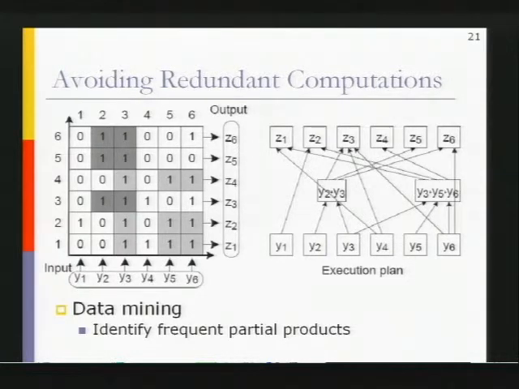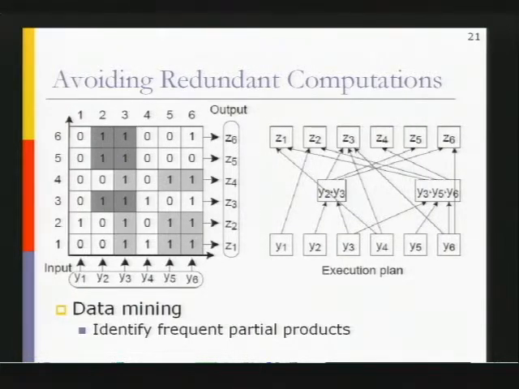First, we have here a sample data matrix. We have seen earlier that we are only interested in those elements which have 1 values, right? So, for Z1, for instance, we will multiply Y3 with Y4, Y5, and Y6. This will be the result, correct? Z2 will be Y1 times Y3 times Y5 times Y6, and so on.